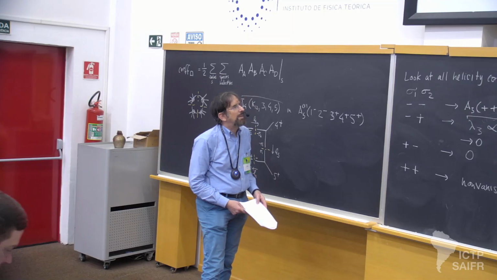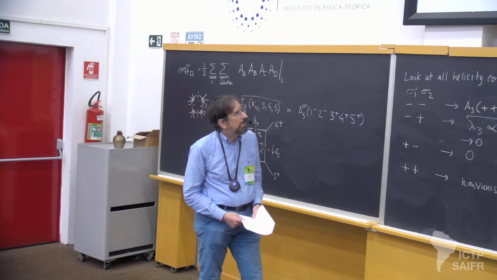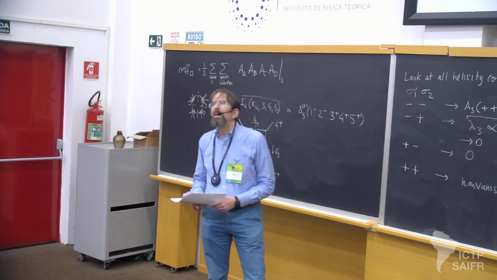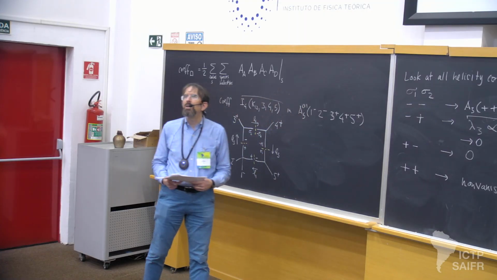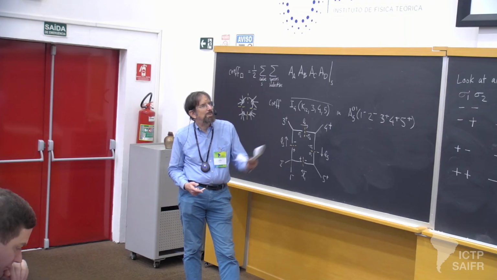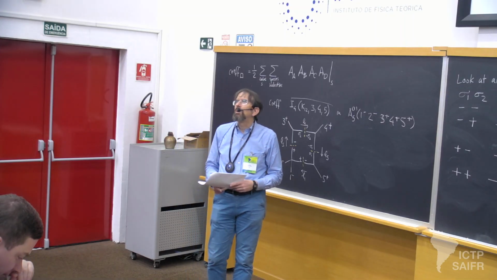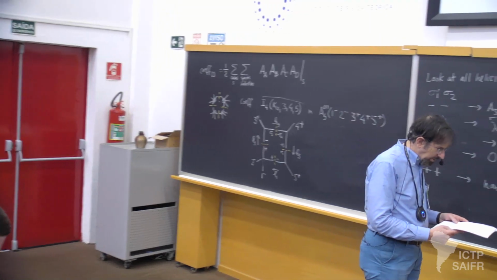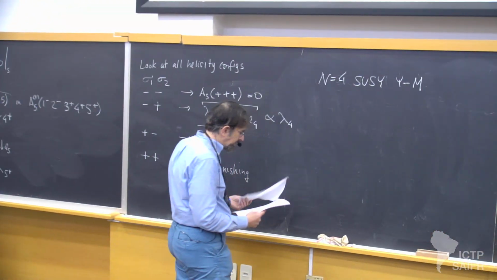When it was first done, around the time many of you were being born or even before, it was a very challenging calculation, but it's now something you can literally do on the back of an envelope. So that's how technology progresses.